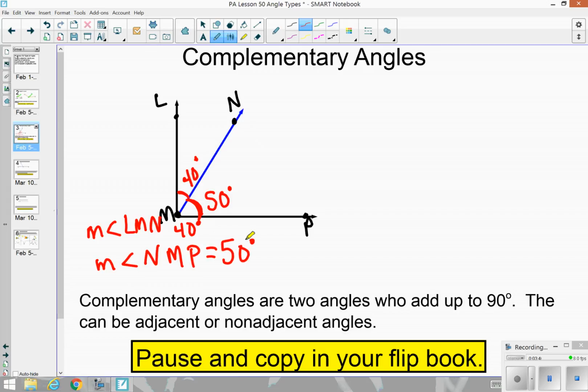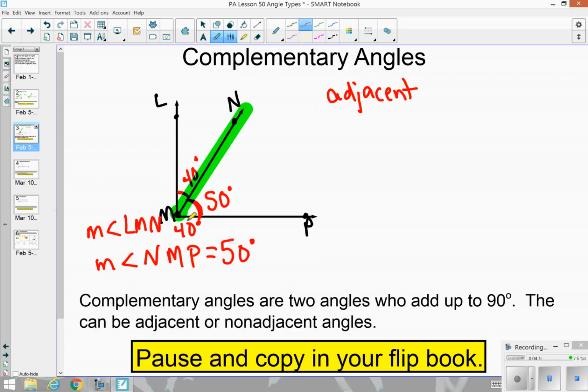So several different things are going on. We can say that both of these angles share a common vertex, as we just talked about, and they share a common side. So if that's true, then these angles are adjacent to each other, because they share the side and they share a vertex.